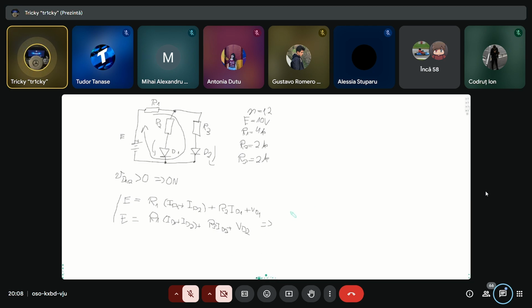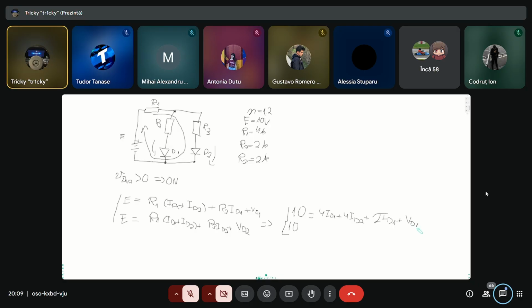Right. So let's start replacing. This is 10. This is also 10, equal to 4. Let's write them like this: 4 times ID1 plus 4 times ID2, plus how much was R2? R2 was 2 kilo, so this is gonna be 2 ID1, sorry, plus VD1.